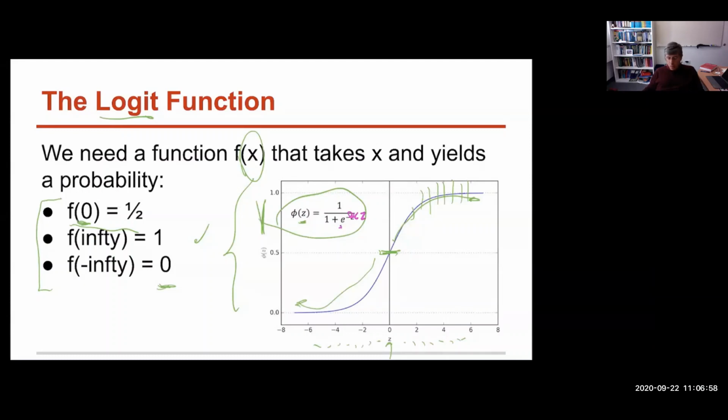There are other sigmoid functions you can define depending upon how steep you want the transition to be as a function of the score. So yes, this is a sigmoid-shaped function. The logit function is a particular sigmoid-shaped function that is quite convenient, and we will see later in the semester.